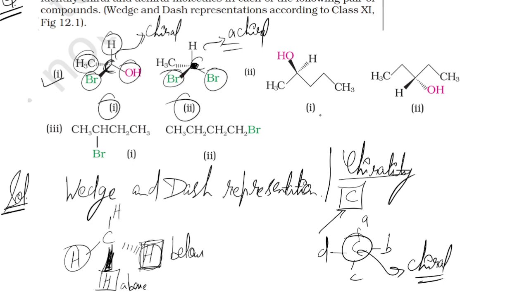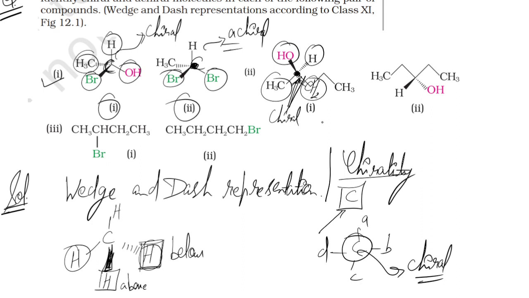Now let's see the second question. This carbon has one valency from the hydrogen, the second from the hydroxyl, the third from the methyl group, and the fourth from the CH2. So this carbon has four different connectivities, and you say that this is your chiral carbon.